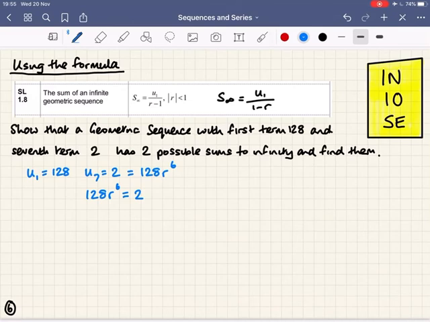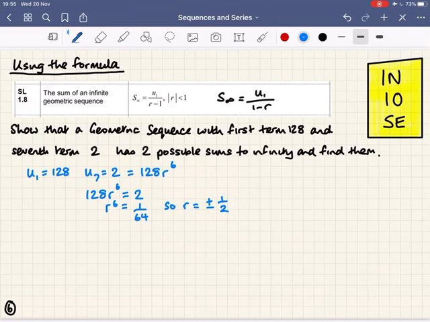So I can work backwards. r to the power of 6 is 2 over 128, which is 1 over 64. So r must be equal to, now the sixth root of 1 over 64 is plus or minus a half, because it's an even power, it has positive and negative roots. So r equals plus or minus a half.